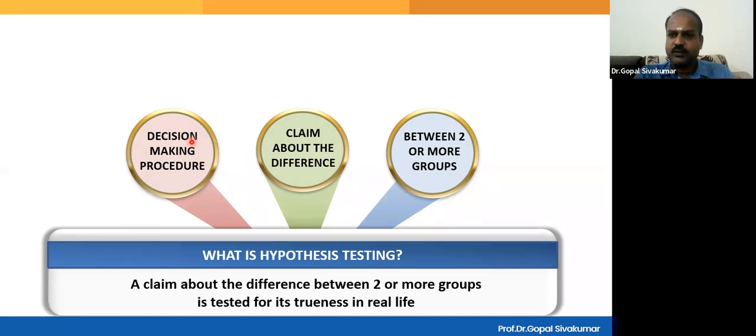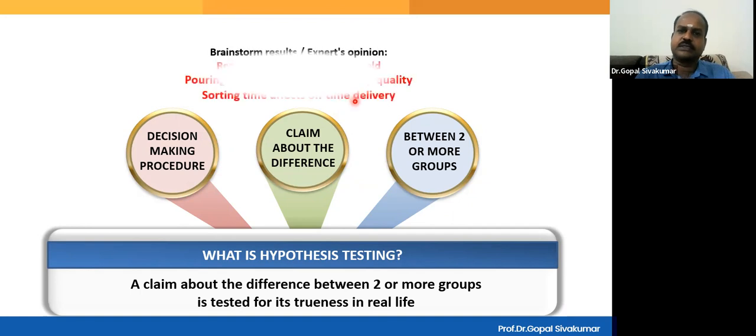It could be factory number 1 and factory number 2, or it could be factory at north, factory at south, and factory at west. So whenever you want to validate, or you are in doubt whether a difference exists between two or more groups, you can validate the difference using this statistical procedure called hypothesis testing.